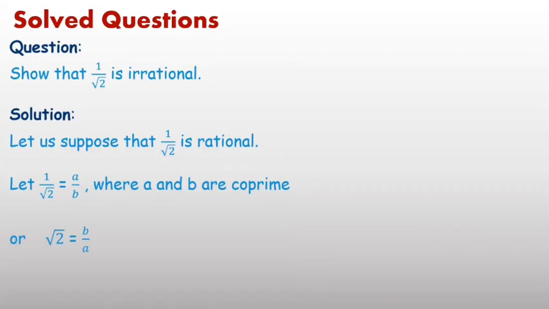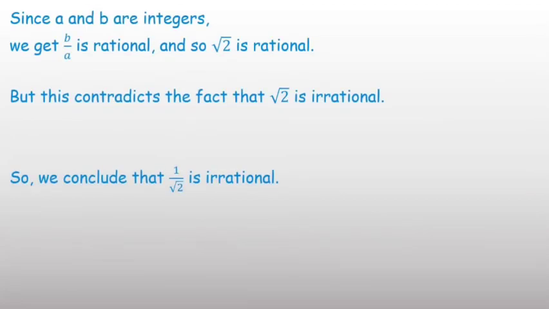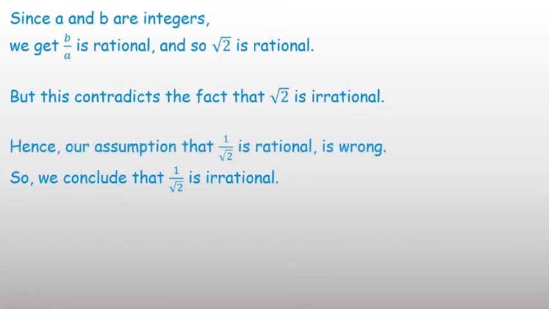Root 2 equal to b upon a. b upon a is rational, and so root 2 is rational, which contradicts the fact that root 2 is irrational. Hence, 1 upon root 2 is an irrational number. If any question is given based on irrational numbers, easily you can solve.